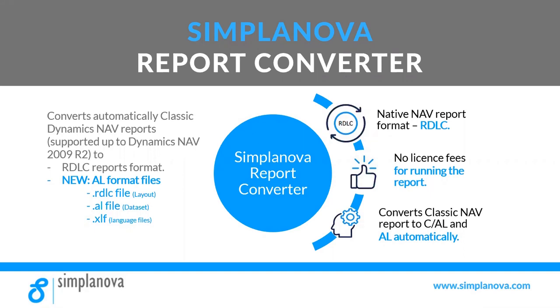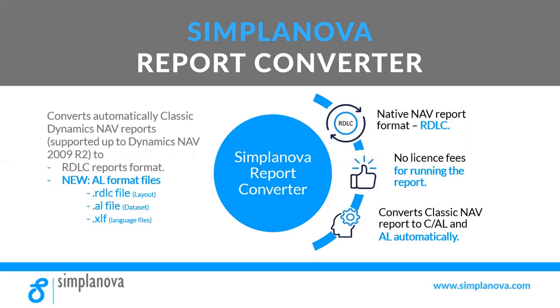And what are the main changes that we made last month when we launched the new version of Simplanova's Report Converter? Right now, we implemented the Microsoft TXT to AL tool in Simplanova's Report Converter, and for better results, we added a delta generator which gives you more accurate results after conversion.